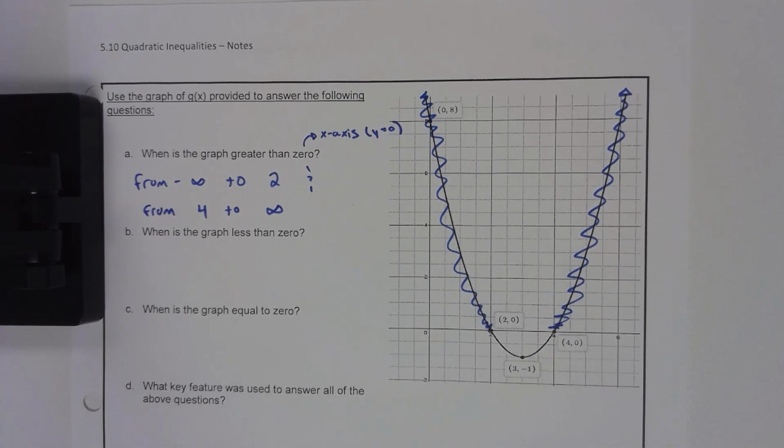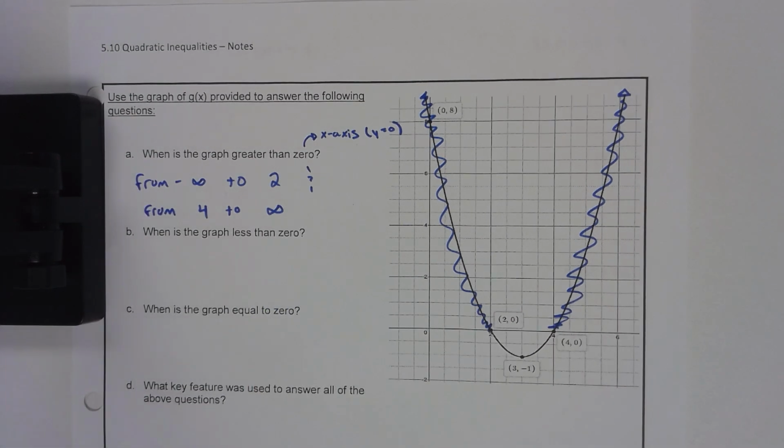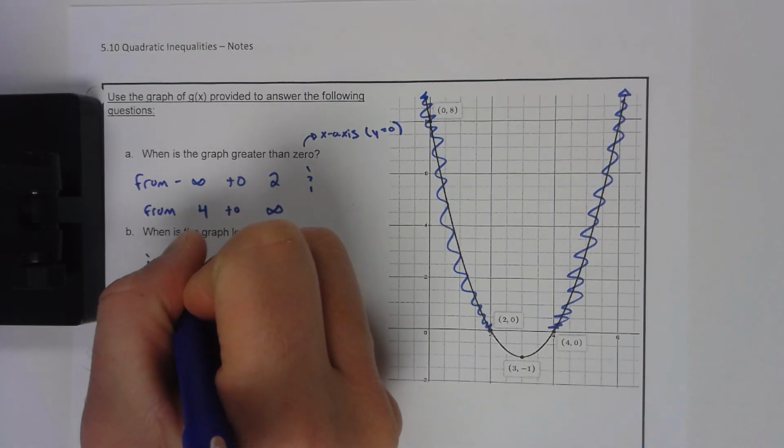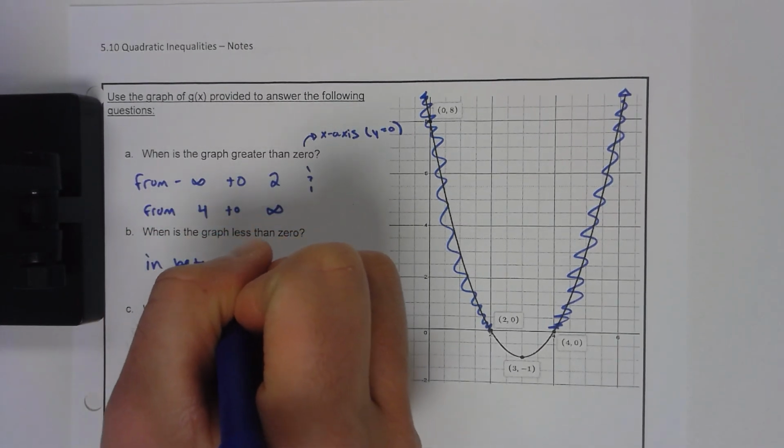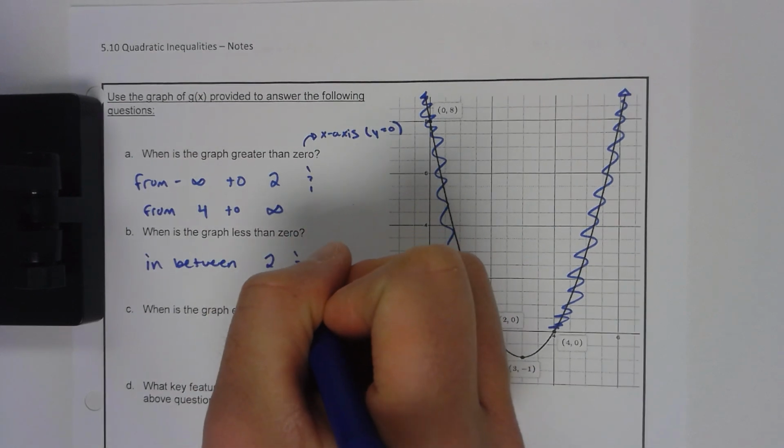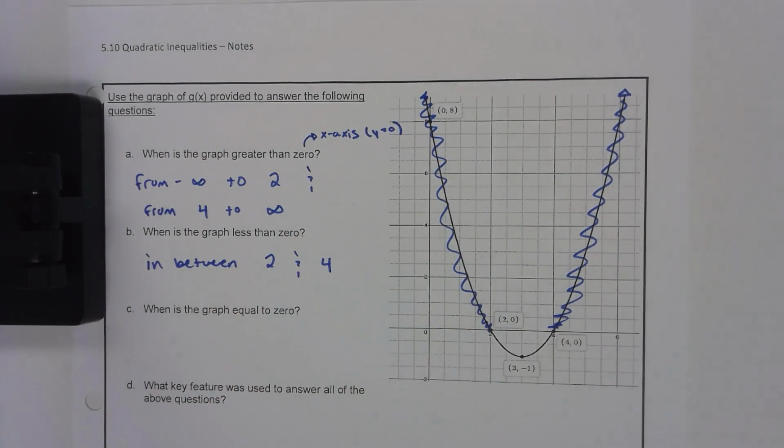Then the opposite, when is the graph less than 0? Or again, another way to think about this question is, when is the graph below the x-axis? It's in between 2 and 4. And then when is the graph equal to 0, or when is the graph on the x-axis?